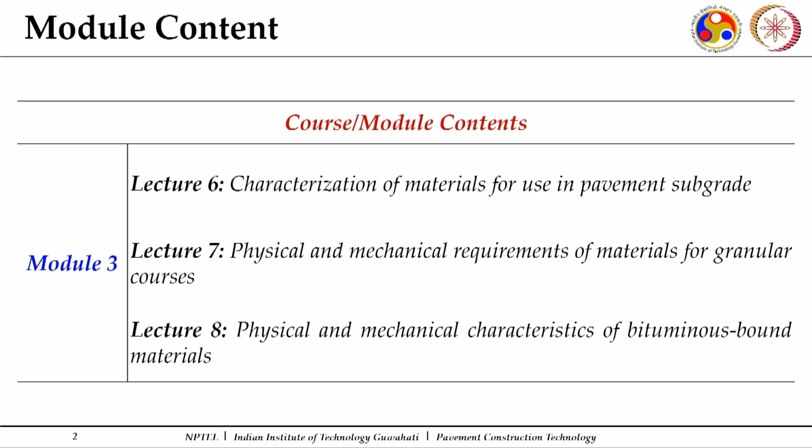In the previous lecture, we discussed the characteristics of the materials which can be used in the construction of pavement subgrade, in terms of the Atterberg limits, liquid limit, plastic limit, plasticity index. We discussed the determination of moisture content and dry density relationship for different types of soils.